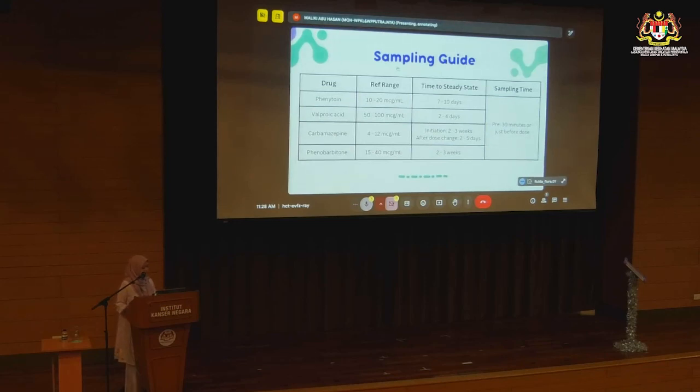So you have the drug, you have the reference range, which is different for every drug, of course. If you can see here, like I mentioned, a lot of the drugs are narrow therapeutic index drugs. So with phenytoin, you only have 10 to 20 levels, basically, that you can play around with. And it can overshoot and undershoot very easily.